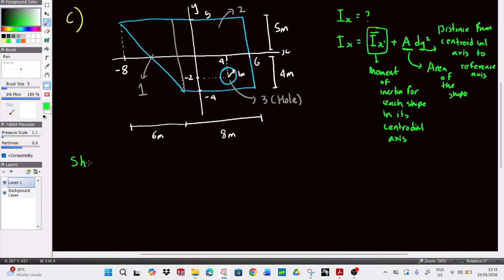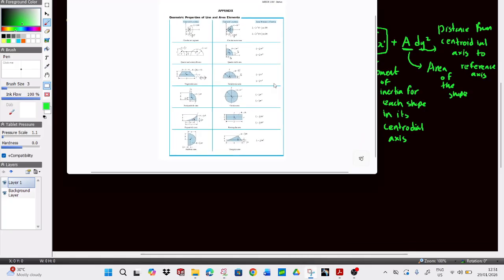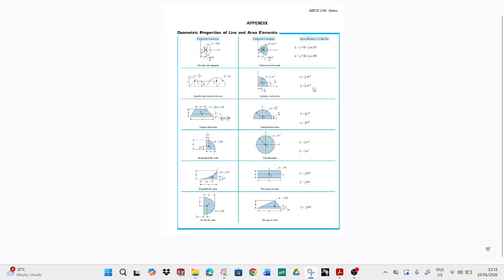So for shape 1, which is a right angle triangle, if we look in our appendix, which I have right here, if we could zoom in a little bit, would be nice. You can see that I think we can also zoom it from our slide.